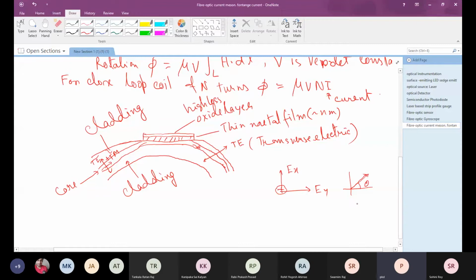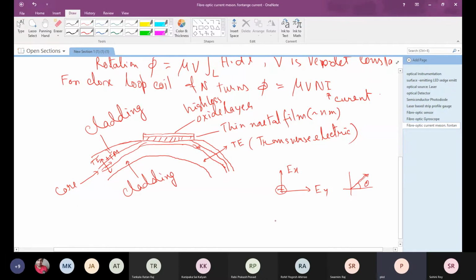So that is polarization. Now, if I pass this light through another polarizer, which is aligned such that it passes only the orthogonal polarized light, then the net light that comes out of the polarizer will be zero.